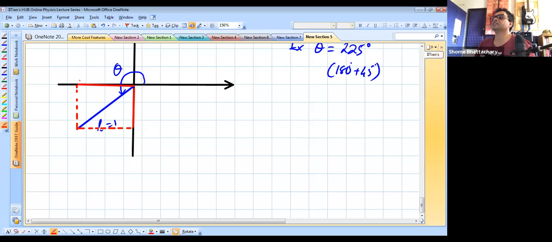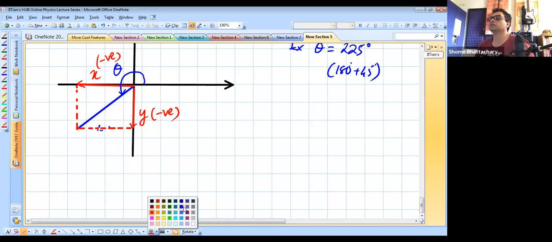So this projection over here, it represents our x, which we can see is negative because it's lying along the negative x-axis. And this projection here, you can see is our y, which we can see is pointing in the negative y direction. So y is also negative. Okay. While of course the length of the rod is the standard thing, so it's unity. Always sticking with that. Okay.